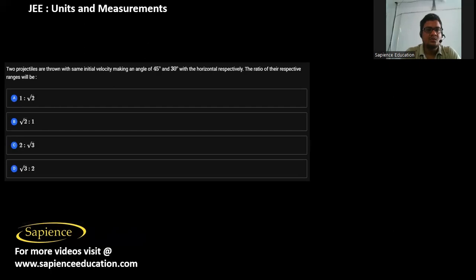Then it is told two projectiles are thrown with the same initial velocity, making an angle of 45 degree and 30 degree with the horizontal respectively. The ratio of their respective ranges will be?